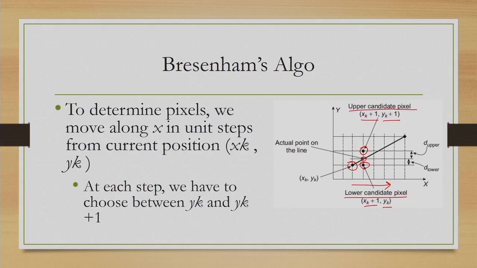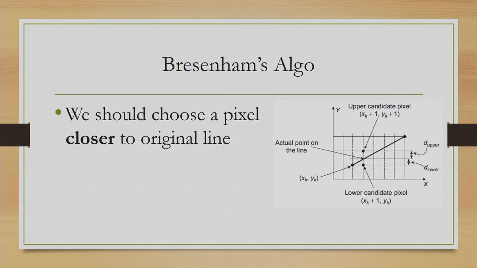How to choose that? Our objective is to choose the pixel that is closer, with respect to the other pixel, to the original line. So, between these two pixels we have to decide which one is closer to the original line and choose that pixel.